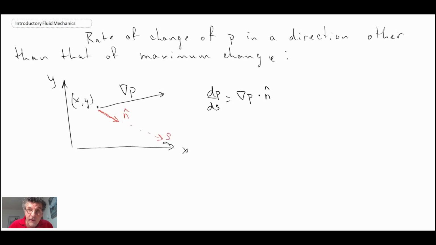So we rely on the dot product. And this is the directional derivative in the s direction. Depending upon the problem, you might want to determine that.